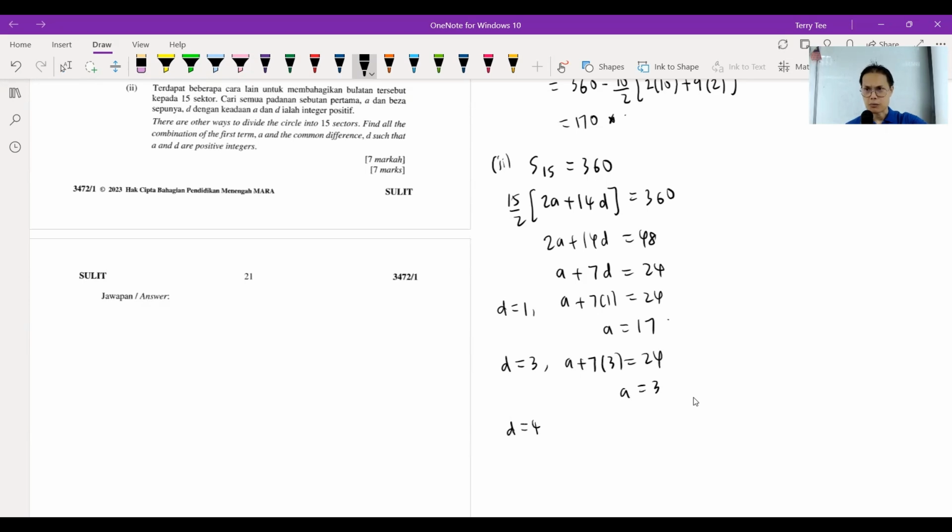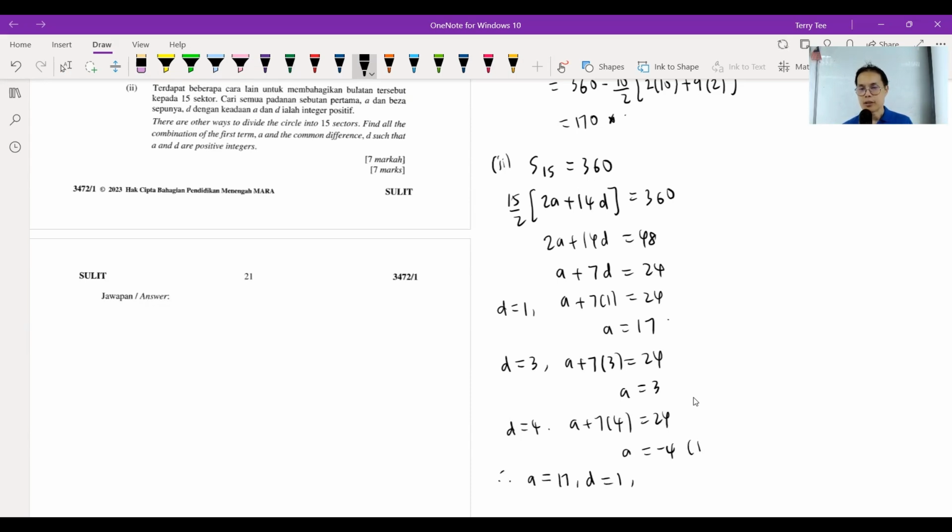Now, I cannot test out with 4 because imagine if you put 4 inside, excuse me, your A becomes negative. Your A can't be negative, right? If your A is negative 4, that means your angle is negative. Angle can't be negative here. So therefore we say your A possible value is either 17, D is 1.